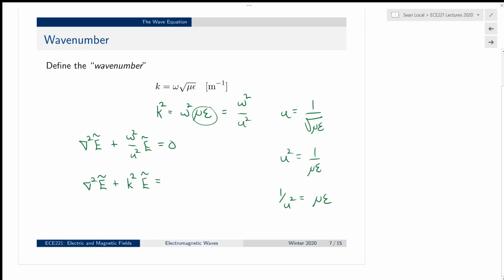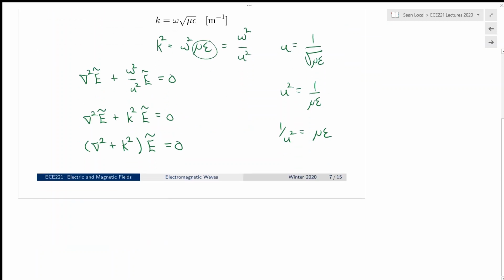like this. And in fact, we can collect the operations on E tilde together. We're taking the Laplacian of E in the first term, and we're then taking E and multiplying by k squared in the second term. So an even more compact way to write this equation is to factor out the operations or operators on E tilde as shown here.